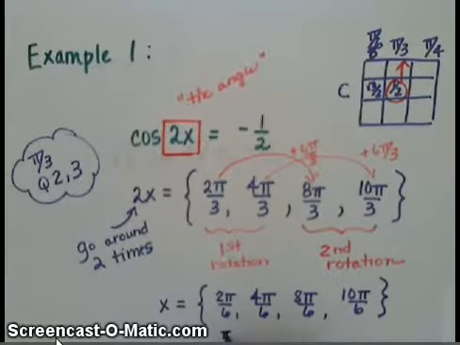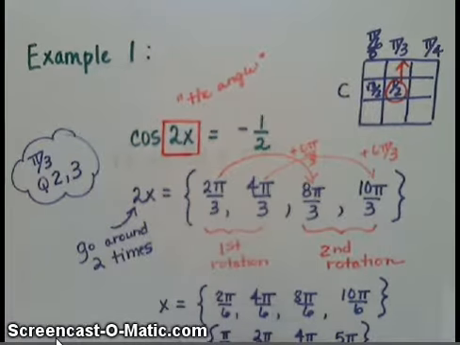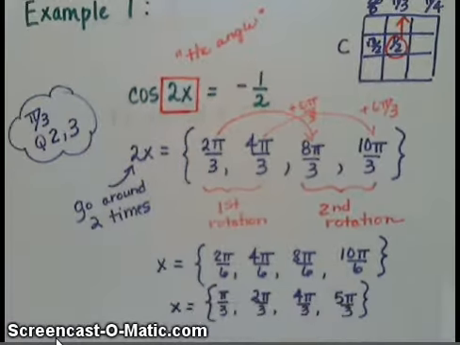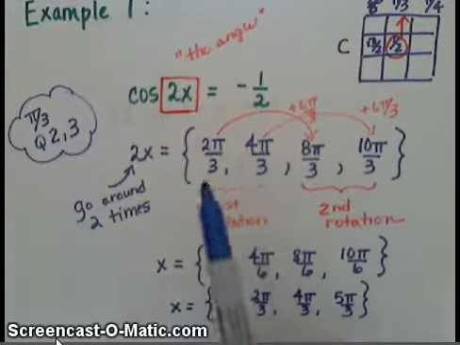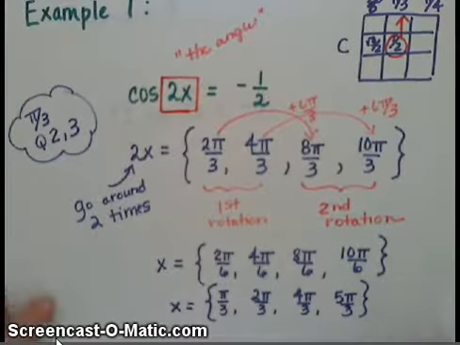That's pi over 3, 2 pi over 3, 4 pi over 3, and 5 pi over 3. I'm not real strict about your reducing them, so if you don't, that's okay. X equals. Now, this is kind of a tough idea, so I'm going to go through this several times, and if we run out of time on our video, then we'll just have to figure the rest out in class.